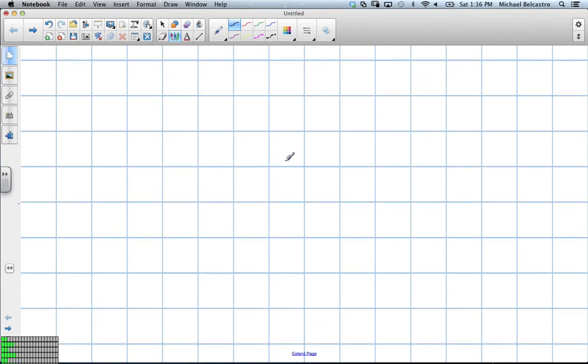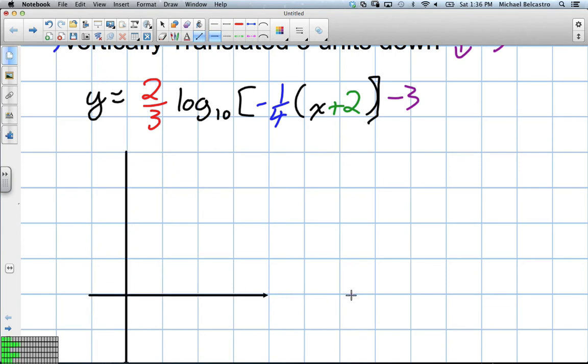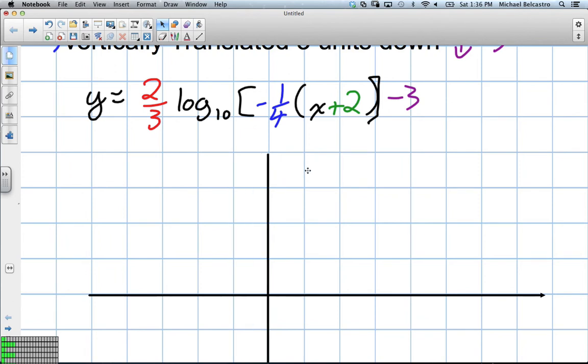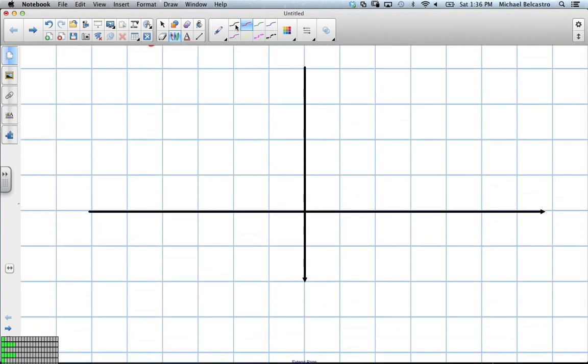So let's try to throw together a little makeshift graph here. We'll try to draw the original again as best we can. We'll go by ones. Since we're probably going to go into the negative values, let's move our y-axis to the middle here. Normally, our log function, this is 1, 2, 3, 4, and -1, -2, -3, -4.